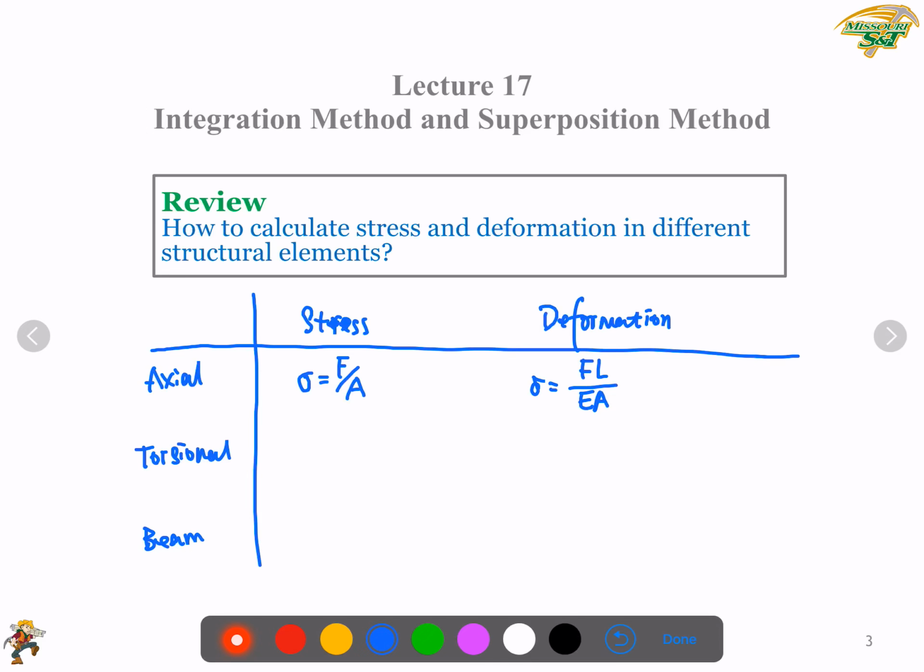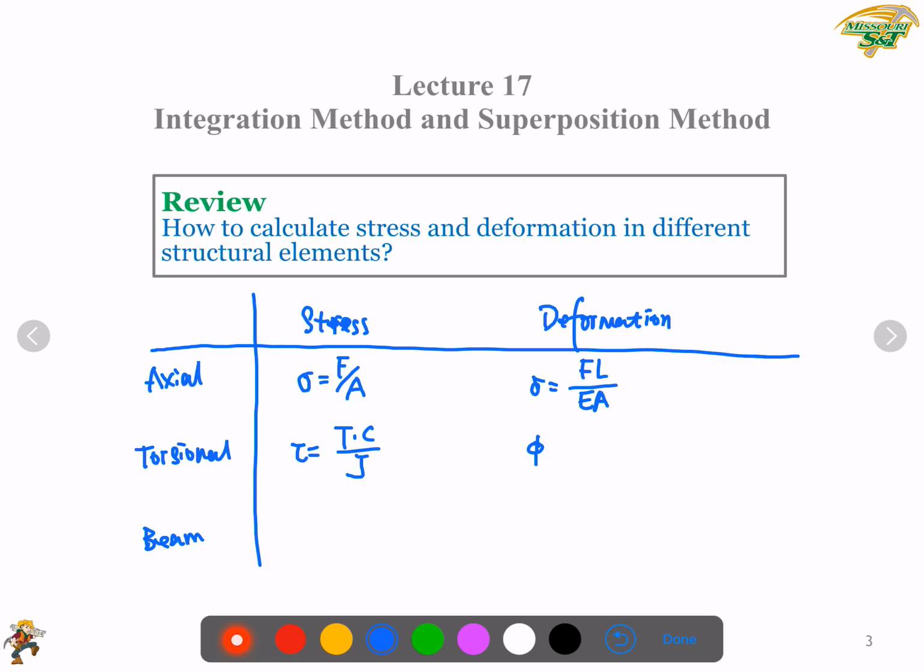And for a torsional element, we do not care about its normal stress. We only calculate the shear stress. That is tau equals TC over J. And its deformation is not becoming longer or shorter, it is an angle of twist.